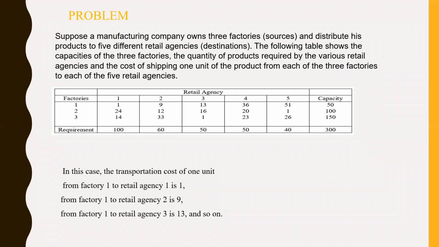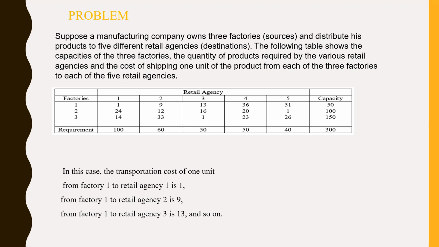So the problem goes like this. Suppose a manufacturing company owns three factories, sources that is, and distributes its products to five different retail agencies, destinations.